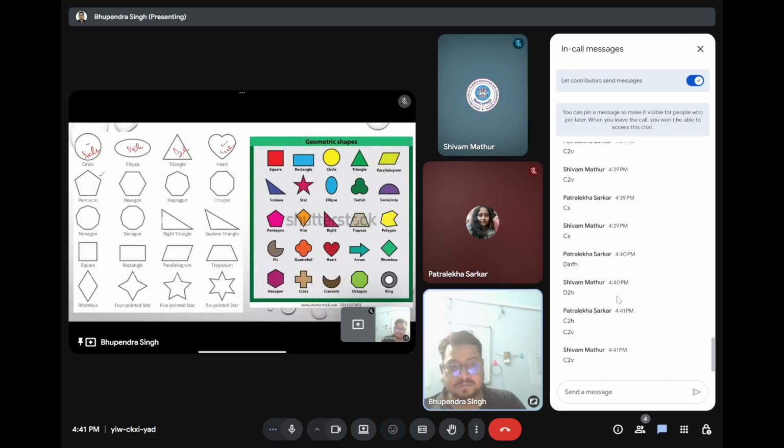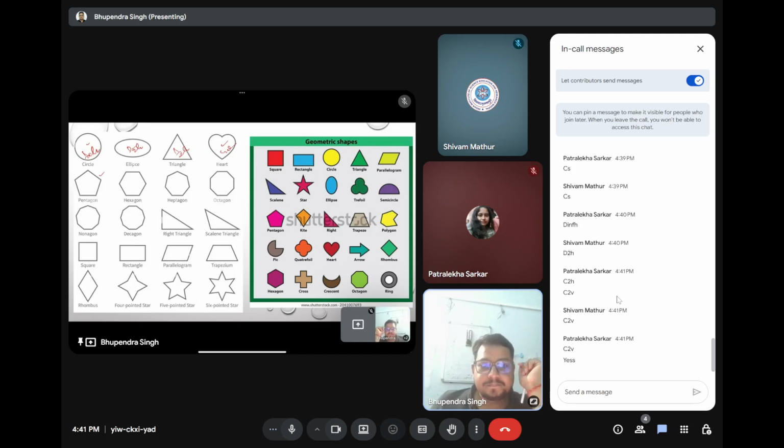Pentagon. C2V for pentagon. Okay. So pentagon means, if you look closely, all the sides of this pentagon are the same.